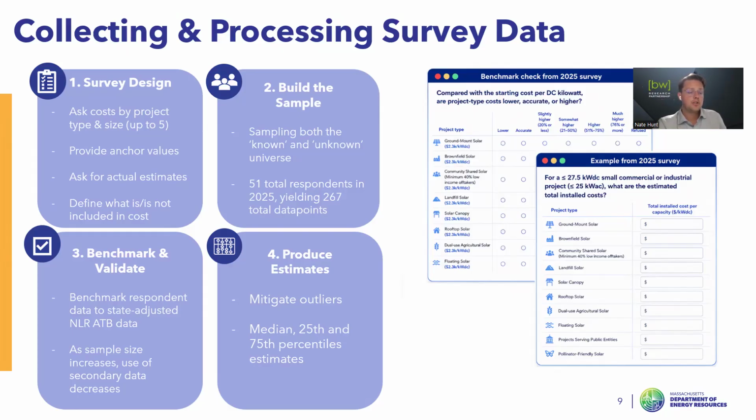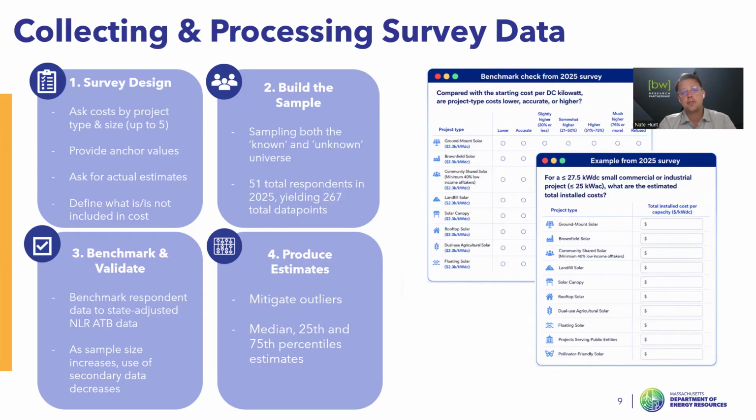In terms of who gets the survey, we send out the survey to both a known and unknown universe. The known universe would be firms that have previously enrolled in SMART or have had communications with DOER.